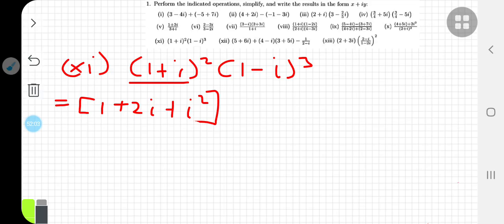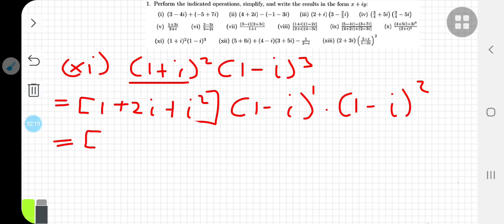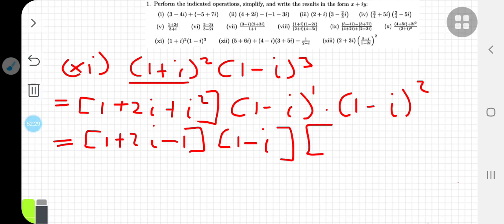So this can be written as (1 minus i) to the power 1 multiplied with (1 minus i) squared. So I can just say 1 plus 2i minus 1. Then I'm having 1 minus i there. Then this, when I simplify it, I'm going to have 1 minus 2i there, plus i squared there.